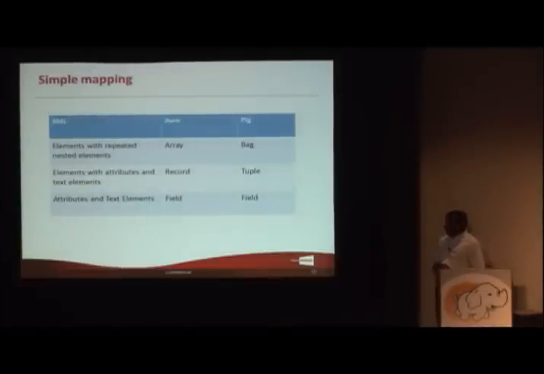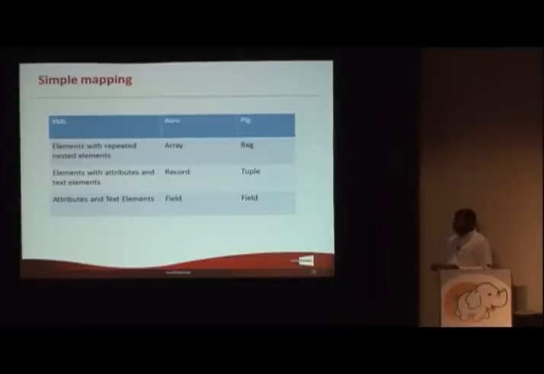So as far as the mapping goes from the XML, what we did was pretty straightforward. Elements with nested, repeated elements are more like lists, or in Avro terminology, an array. Coinciding that with Pig, it's more of a bag. So ultimately, you end up with bags of tuples.